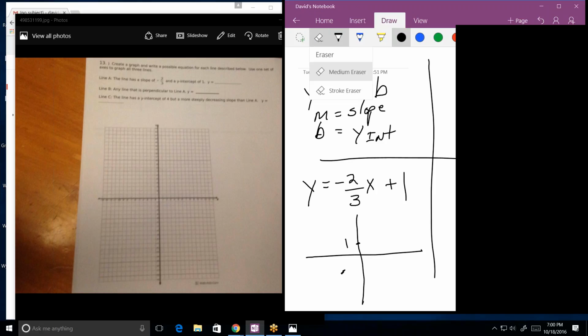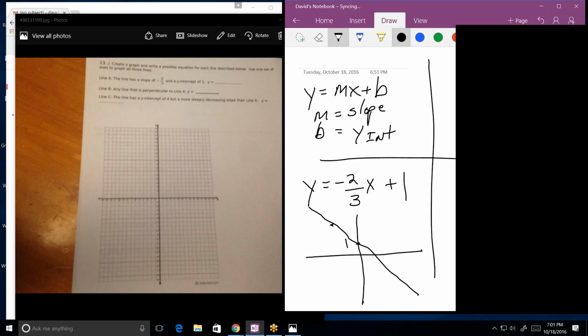So that's the thing. You can do this in a number of ways, but make sure you have the sign right on your slope. It's rise over run, so I got to go up 2, left 3. Now if I connect those 2 points, that's a negative slope. That's the way to do it.